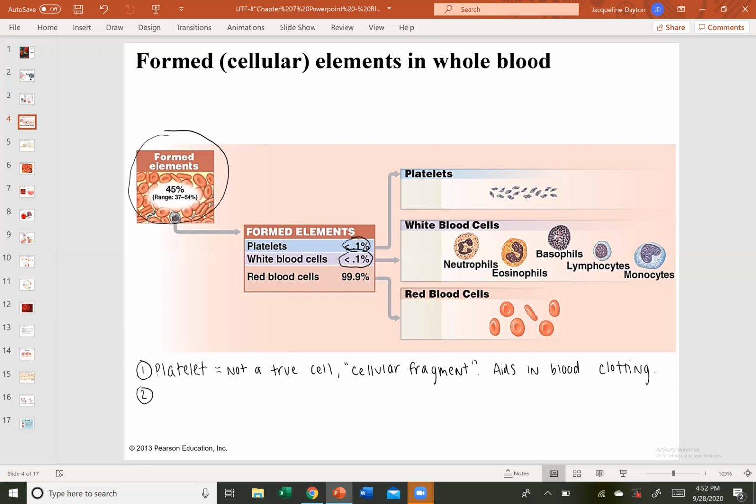These white blood cells, which are also called leukocytes, okay? So leukocyte is another word for a white blood cell, WBC, okay? These guys are very important because they are our immune system cells, okay?